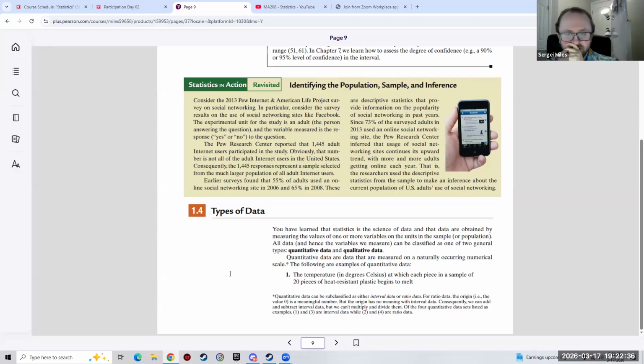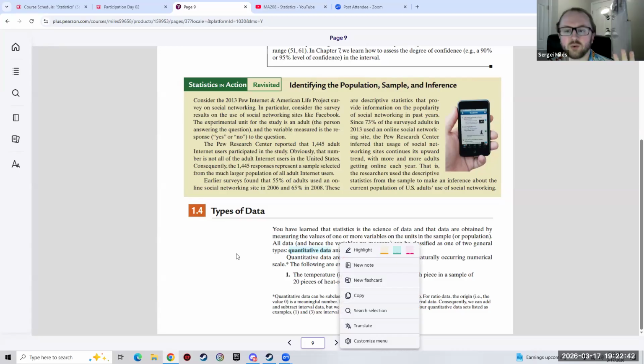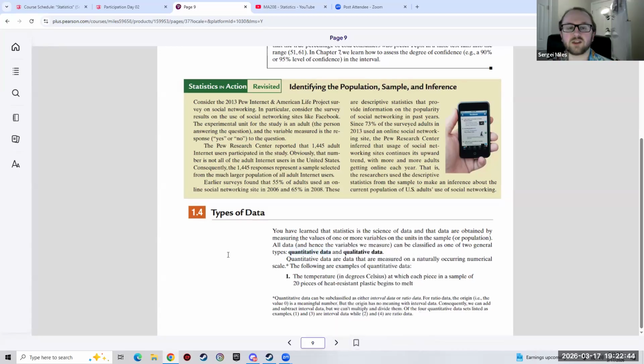So 1.4, just to further highlight this, when we're talking about numerical, this is quantitative. When you see the word quantitative, you want to think like quantity. If you can take a quantity of something, then you can count it. If you have a quantity of apples, then you have some number of apples, right?